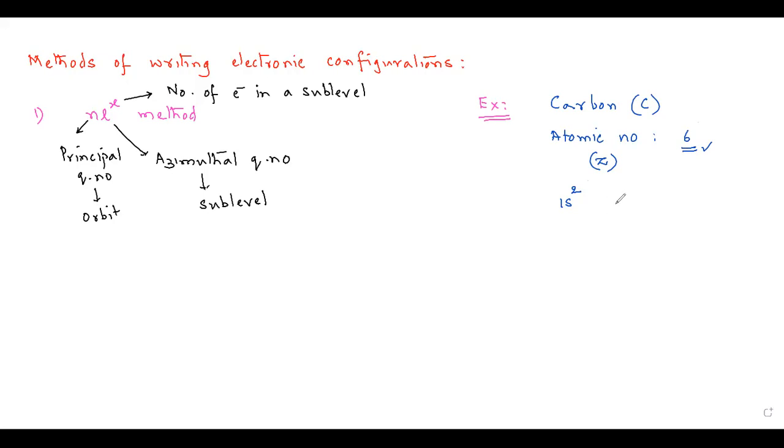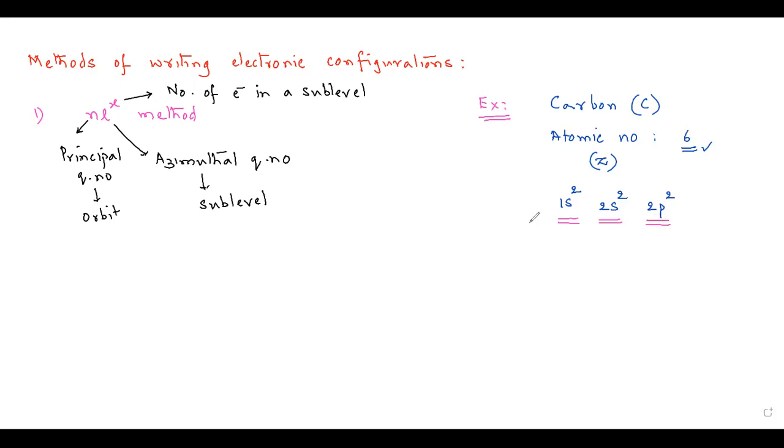After 1s, you have to go for 2s. We are left with 2 more electrons, and they can be accommodated in 2p. As per Aufbau, the one with the least energy is 1s, then 2s, then 2p.